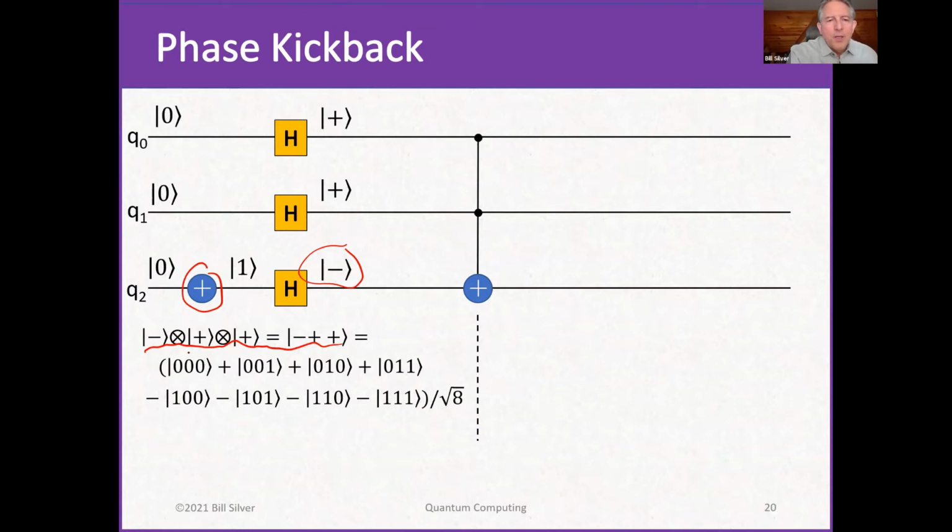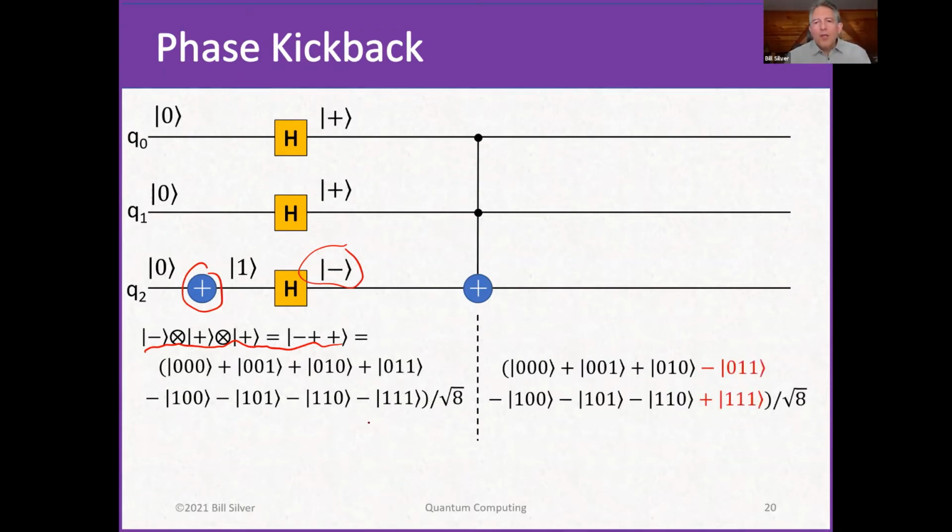It's simply the components 0, 1, 2, and 3, in binary, are positive, and components 4, 5, 6, and 7 are negative. The square root of 8 is just a normalization factor to make this a unit vector. That's what goes into the controlled NOT gate.